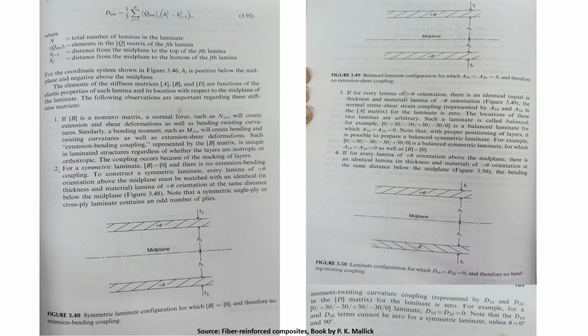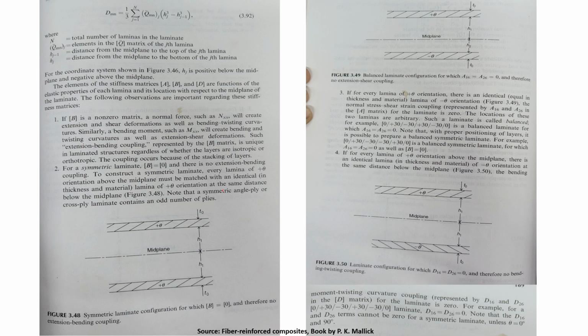Then comes observation 2: for a symmetric laminate, the B matrix will be equal to 0 and there is no extension-bending coupling. To construct a symmetric laminate, every lamina of plus theta orientation above the midplane must be matched with a lamina identical in thickness and material, of plus theta orientation, at the same distance below the midplane. So what constitutes a symmetric laminate?